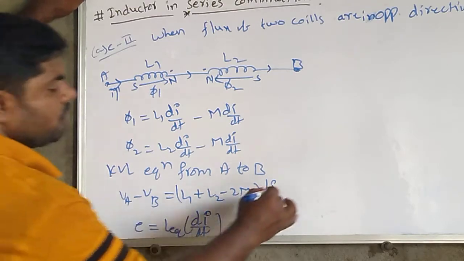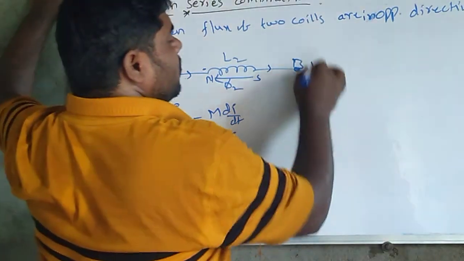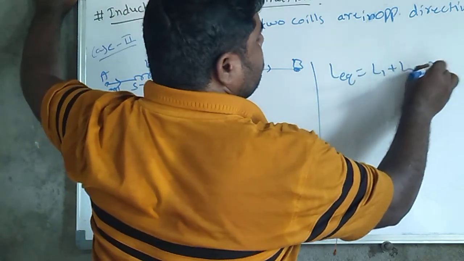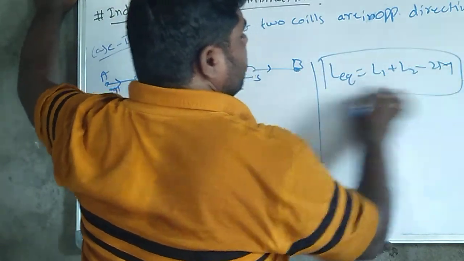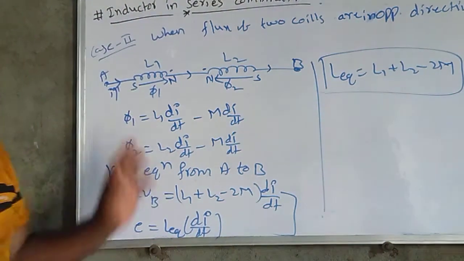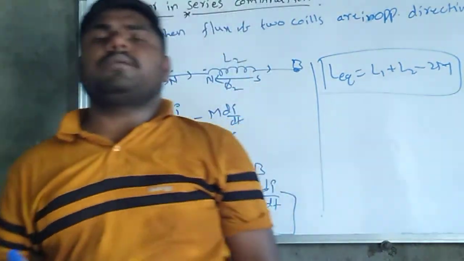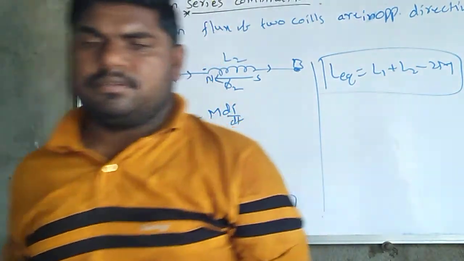So L equivalent is equal to L1 plus L2 minus 2M. These are in series combination. These two cases are very important, so whenever they ask this type of question, you may do it like this.